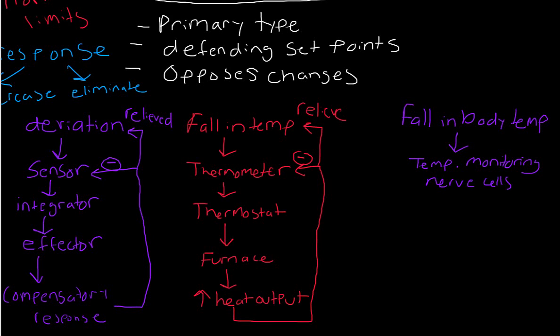And this nerve cell will inform the temperature control center of the brain, which is the hypothalamus, represented as the integrator in this situation. And then the temperature control center will send the information, for example, to skeletal muscles in one situation.